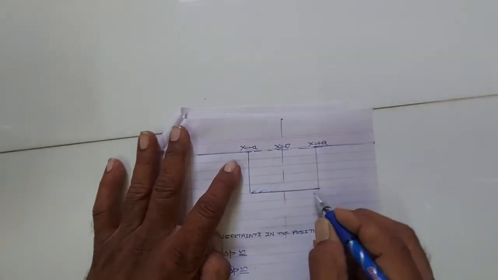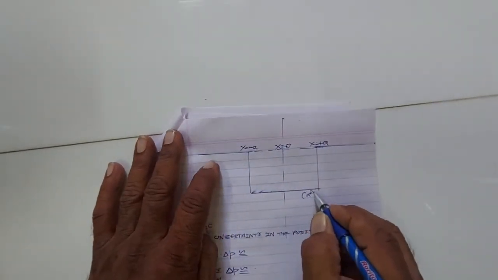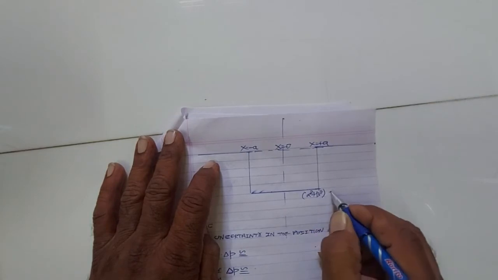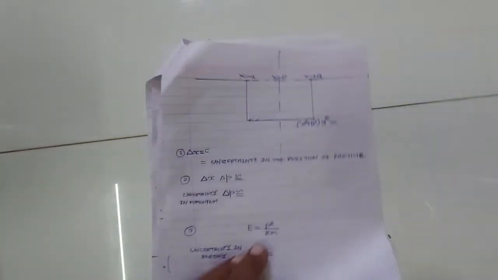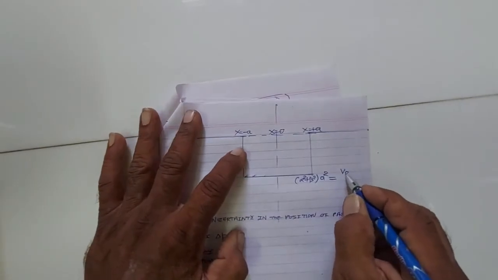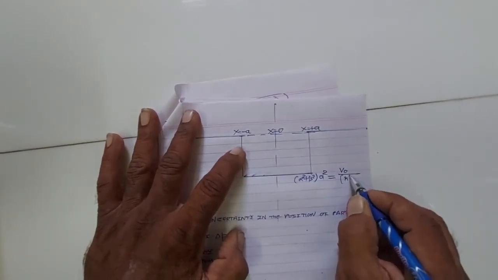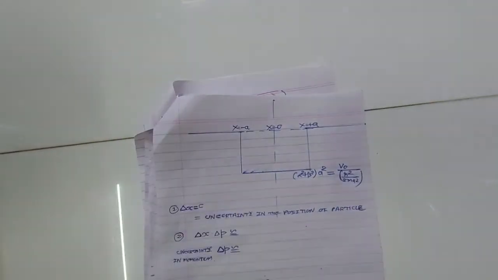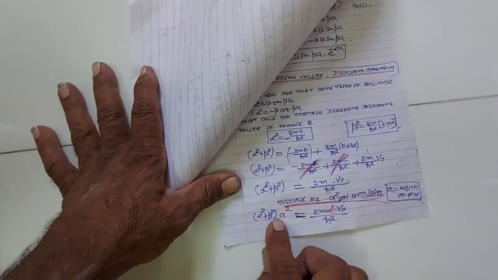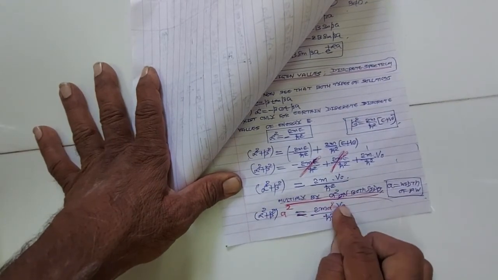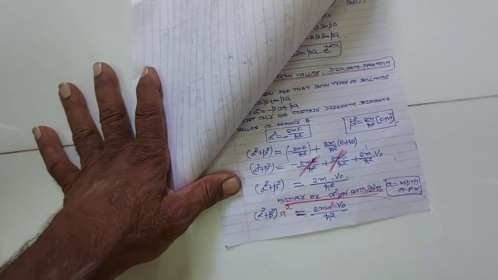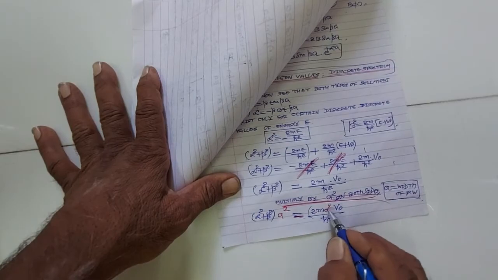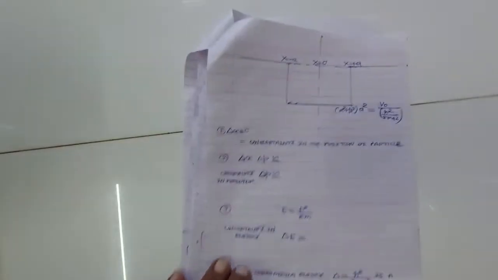So we get alpha square plus beta square into a square is equal to V0 upon h cross square upon 2m, since I am writing the 2m term in the denominator.